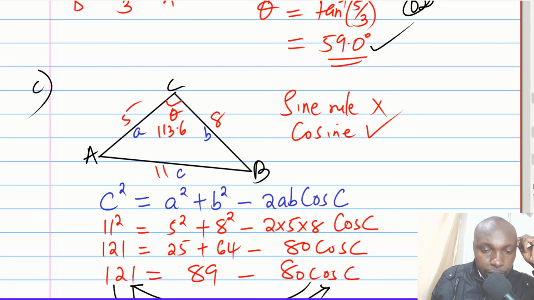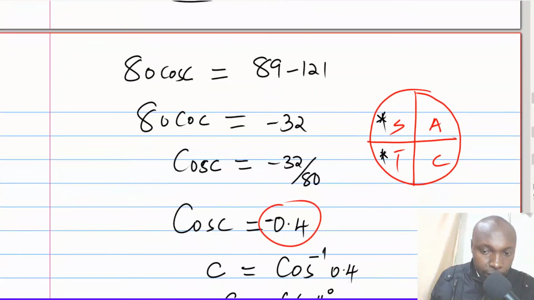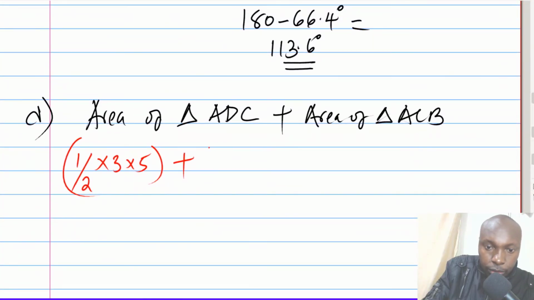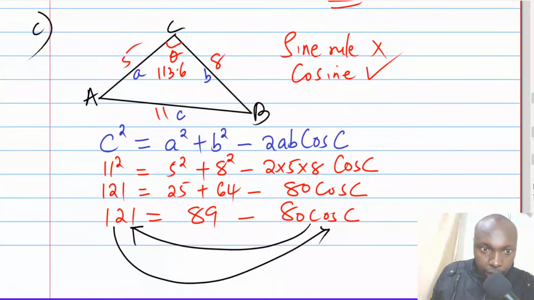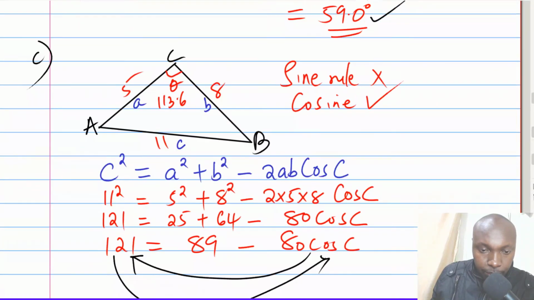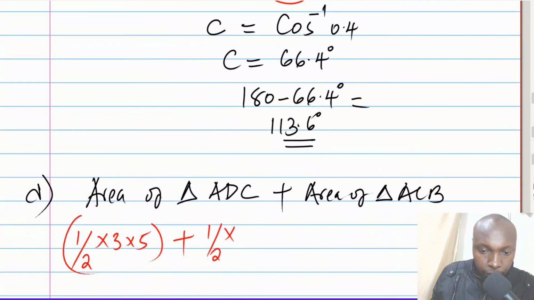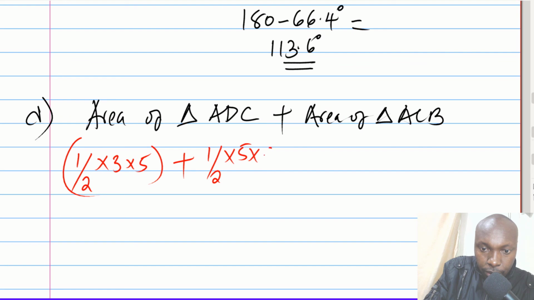So you can use half AB sin theta, whereby the two sides are 5 and 8, and the angle between is 113.6. So this is half times 5 times 8 times sine of the angle between, which is 113.6.